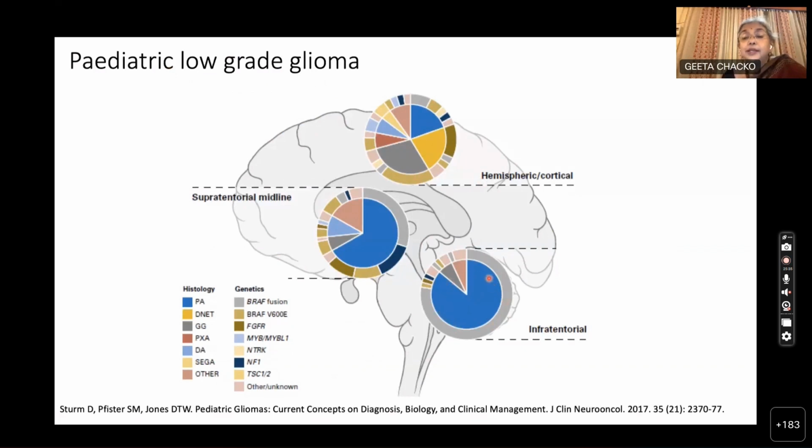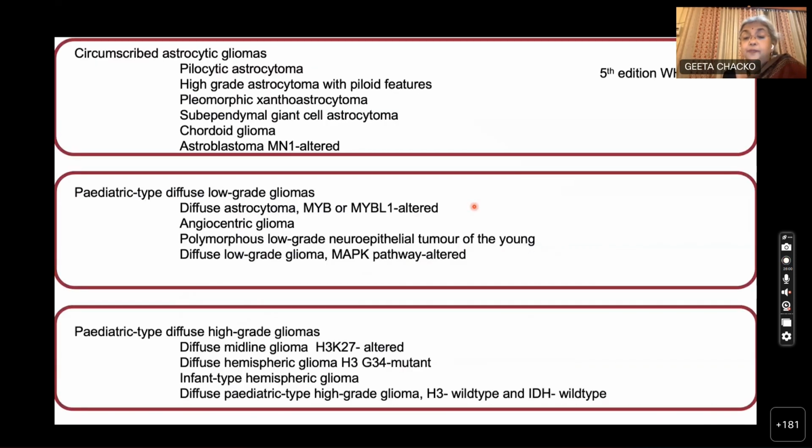You can see that in the posterior fossa, the most common tumor is pilocytic astrocytoma. Even in the chiasmatic and suprasellar region, it is one of the most common tumors. Whereas the other tumors like ganglioglioma and PXA are not seen here as often as when you have them in the lobar region. So just an idea of the frequency.